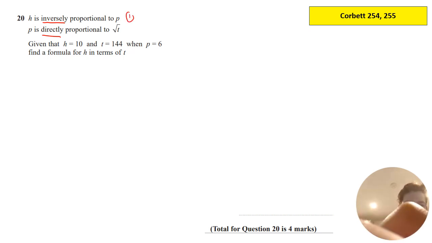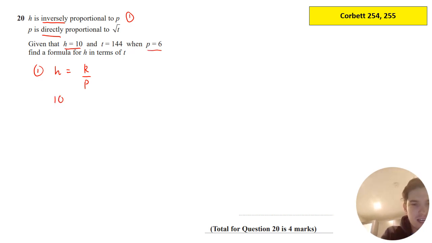So I think my first step is going to be finding an equation between H and P. So I can write H equals K over P because it's inverse proportion. What are the values that I substitute in? Well, I've got H is equal to 10 and P is equal to 6.